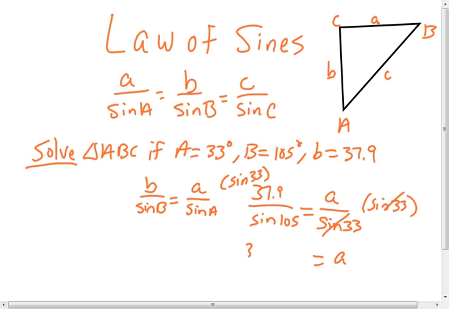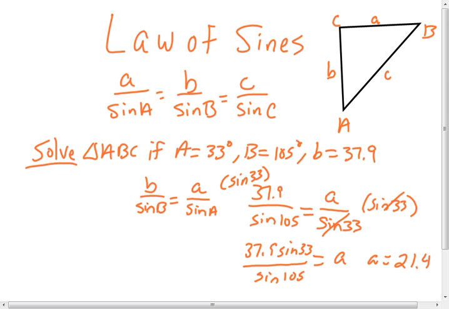So we have 37.9 times sine of 33 divided by sine of 105. When we punch that in our calculator, we should come up with an answer of 21.36. So we'll call it 21.4. So side a is 21.4.